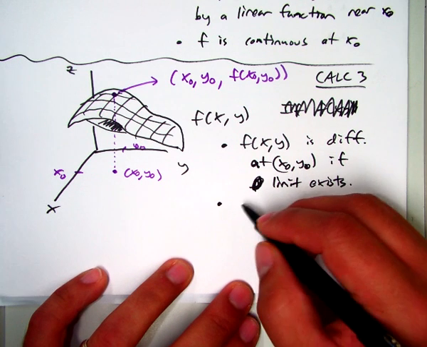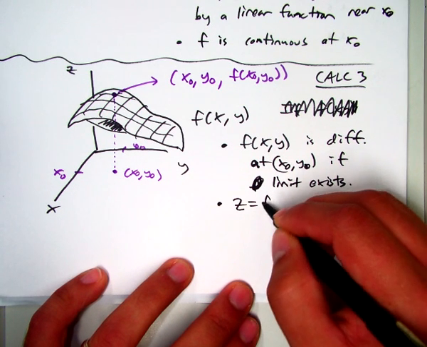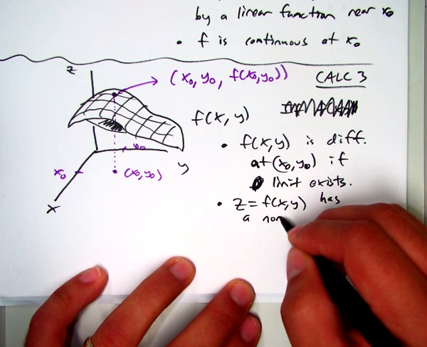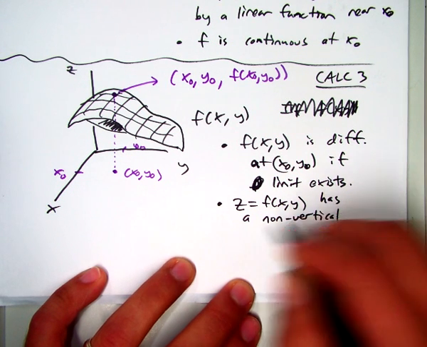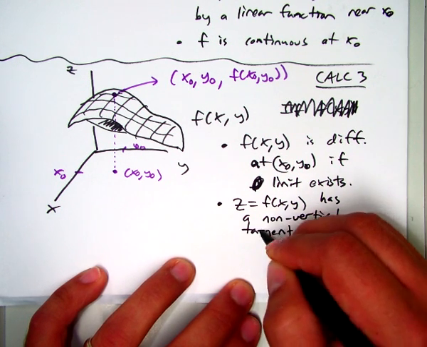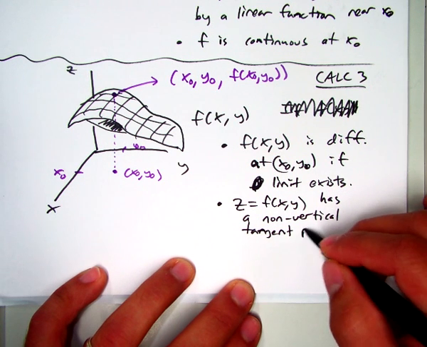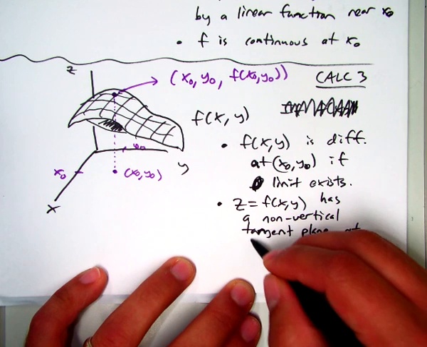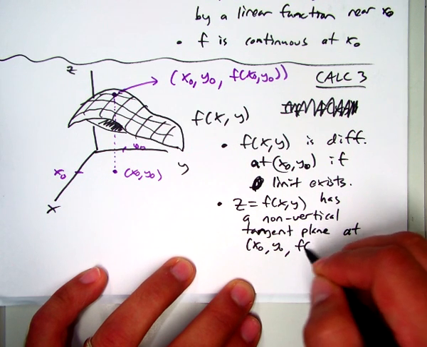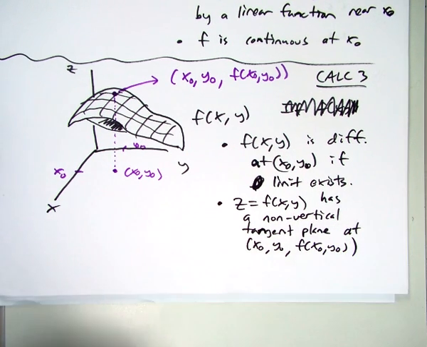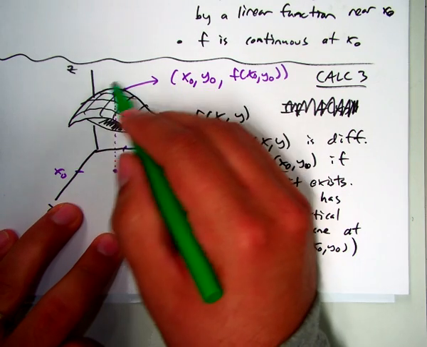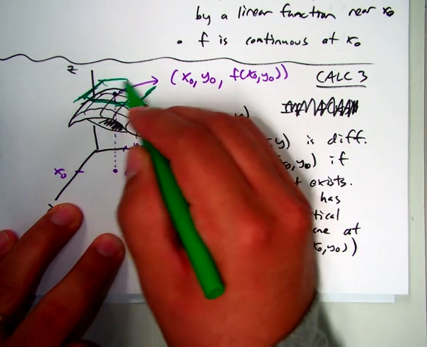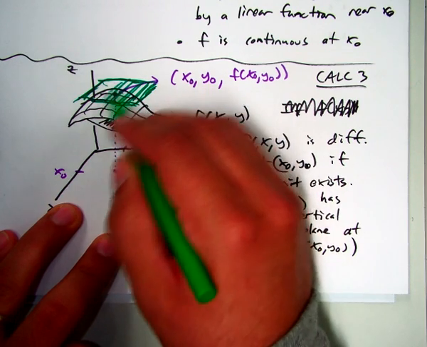We say that z equals f of x, y has a non-vertical tangent, not line, but plane now, at that point, x naught, y naught, f of x naught, y naught. So now, maybe here, there's a tangent plane.